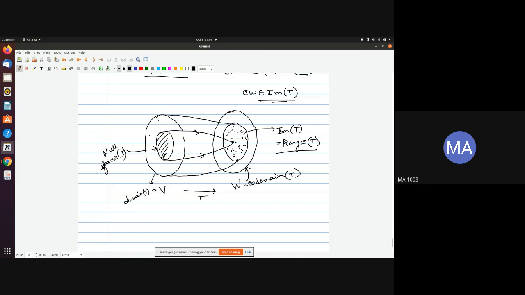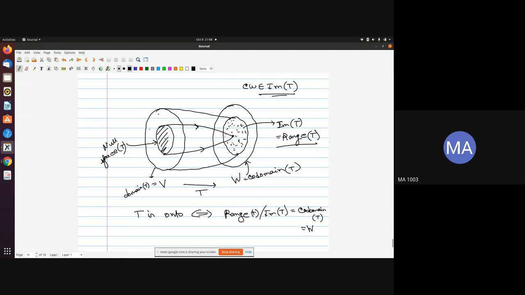So this range should be the same as the codomain when T is onto. That is, the image of T should be equal to W. When this dotted area covers the whole W, then T is onto. No doubt in this?